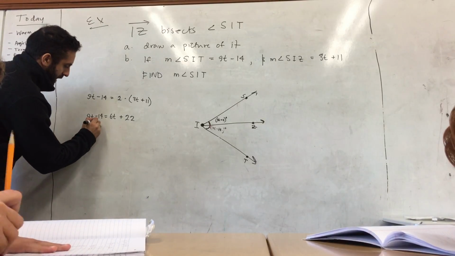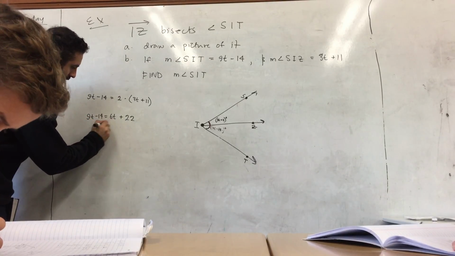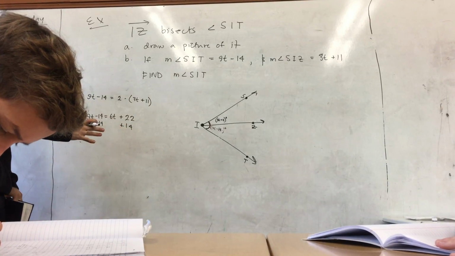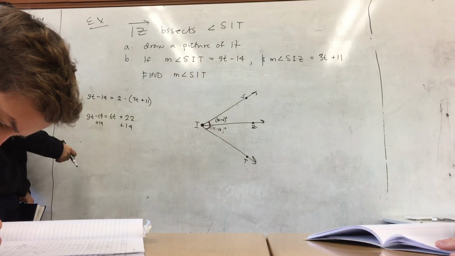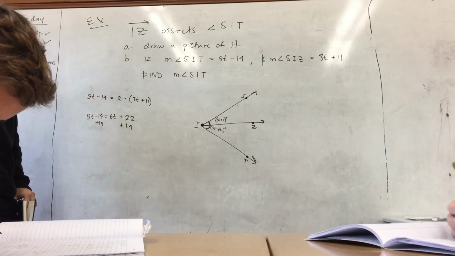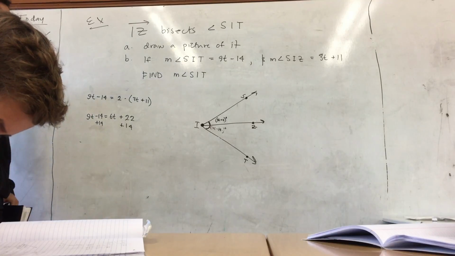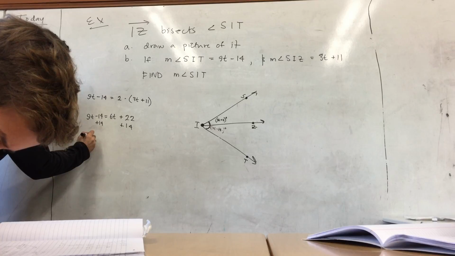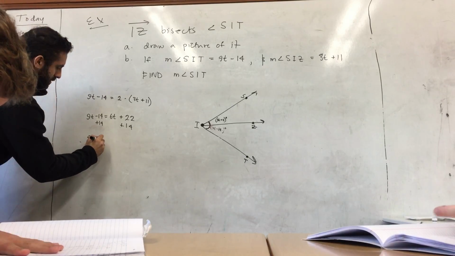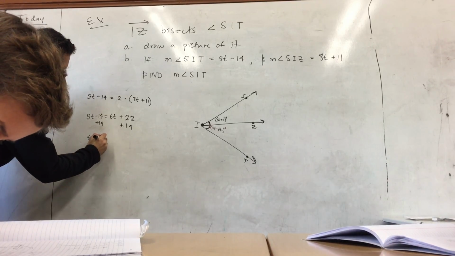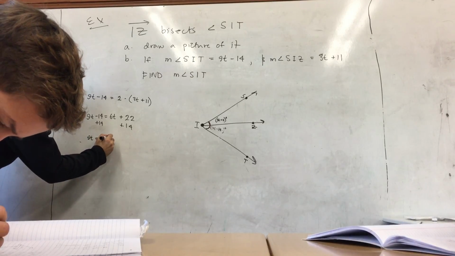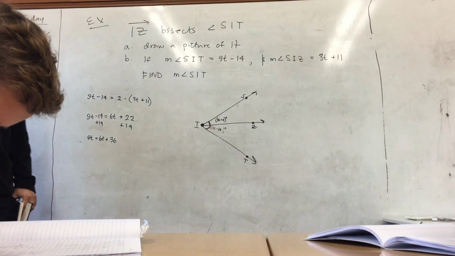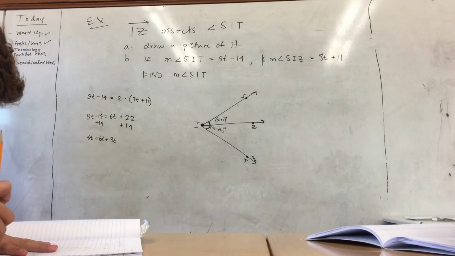Okay, next step, add 14. And you don't have to do that, by the way. You can subtract 22, you can subtract 6t, you can subtract 9t. Alright, I'm gonna add 14. You with me, Maxwell?